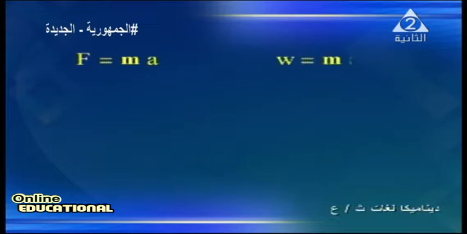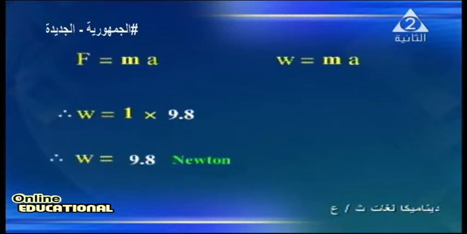F is the weight of the body, then the weight of the body W equals ma. Then W equals 1 multiply 9.8, then the weight W equals 9.8 Newton, or the weight equals 1 kilogram weight.